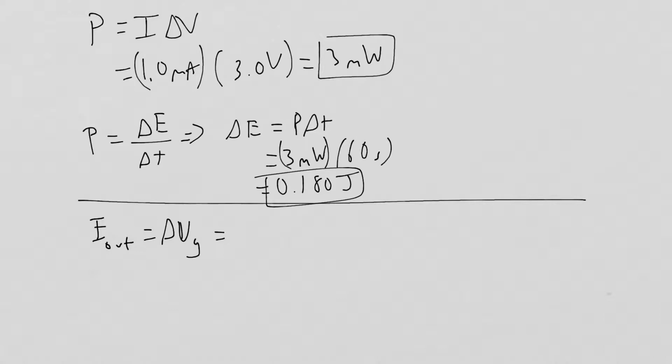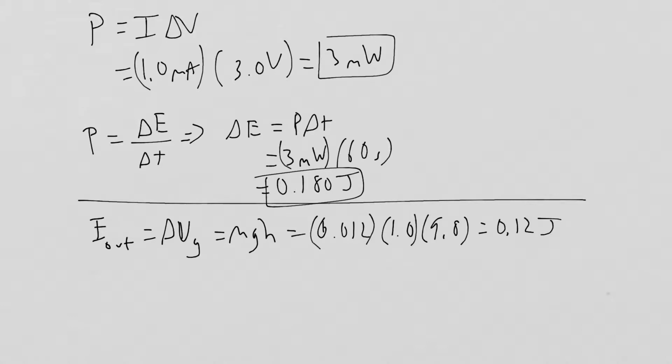So the energy that goes out of the motor that goes into lifting the box, it's useful, is the change in potential energy of the box, which is mgh, which is 0.012, 1.0 meters, and 9.8 meters per second squared, right? Which is 0.12 joules. That's the useful energy that I get out.